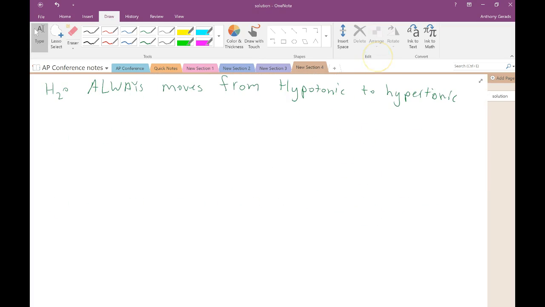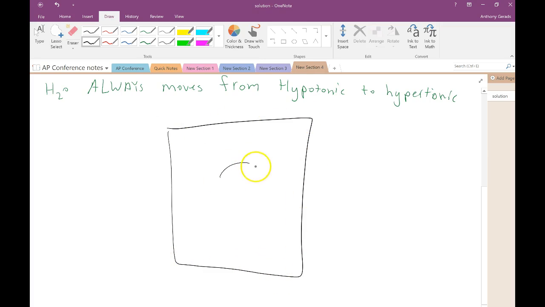So let's look at a different one. Let's say I've got this right here. Let's say I've got a cell inside of there, and I'm talking about glucose. Let's say on the inside, it's a 0.2 molar glucose solution. Let's say on the outside, it's a 0.6 molar glucose solution. So that outside, would the outside be hypotonic or hypertonic? Hyper.